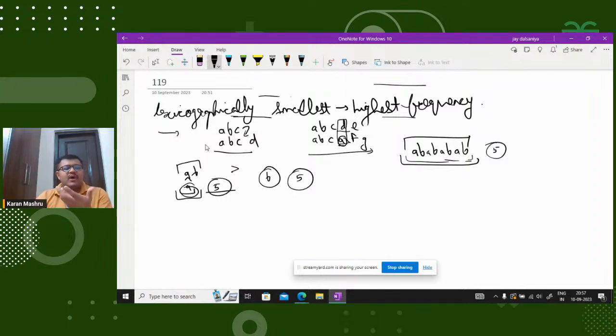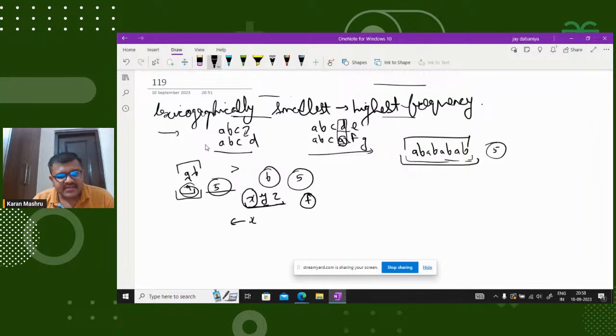So suppose the highest frequency substring is of length 3, say X, Y and Z. If XYZ is repeated the maximum number of times, with frequency f, then its first character X is also a substring of the given string.